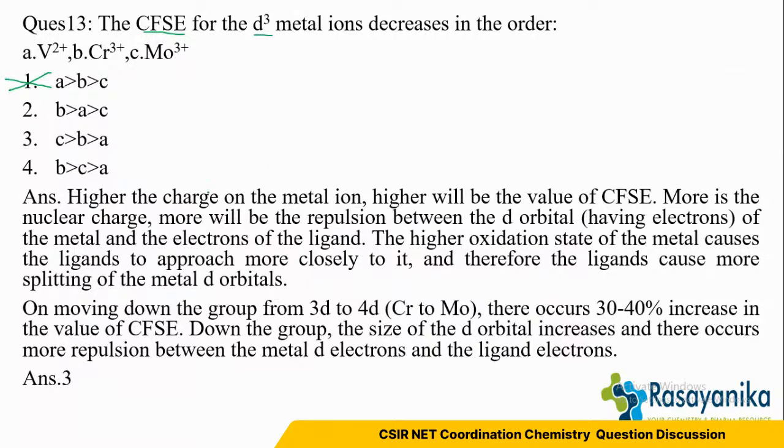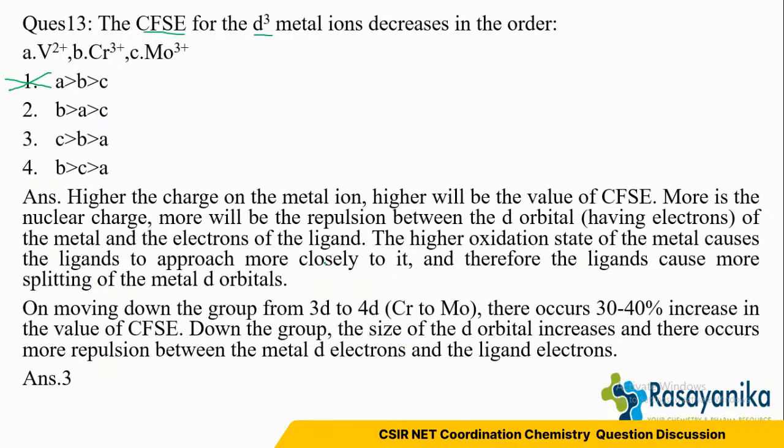So the higher the charge on the metal ion, the higher will be the value of CFSE. You can see the reason also. More is the nuclear charge, more will be the repulsion between the d orbitals having electrons of the metal and the electrons of the ligand. Okay, there will be a lot of repulsion.